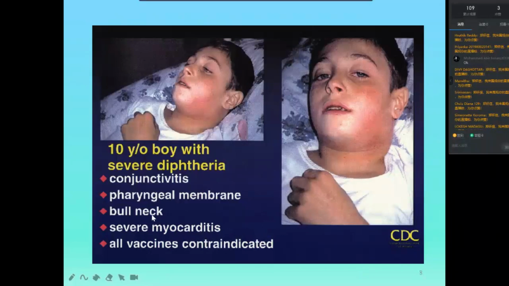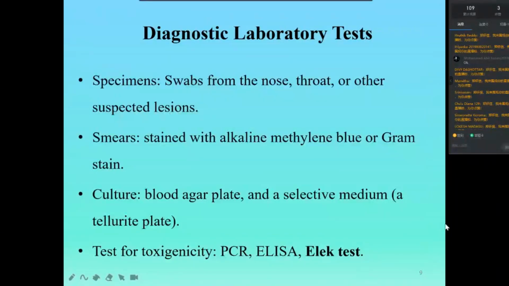Yeah, so this is diphtheria. And just now we mentioned a little bit about the history of diphtheria. We'll talk about that a little bit later, how to treat the disease.